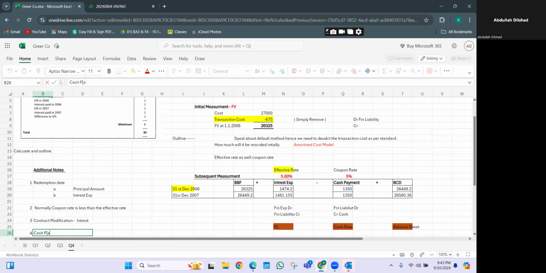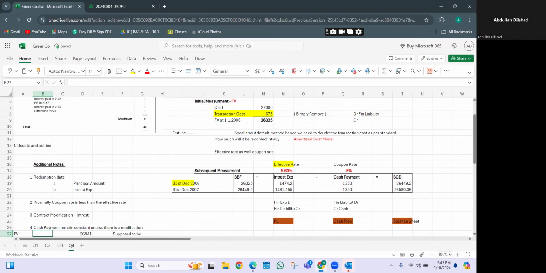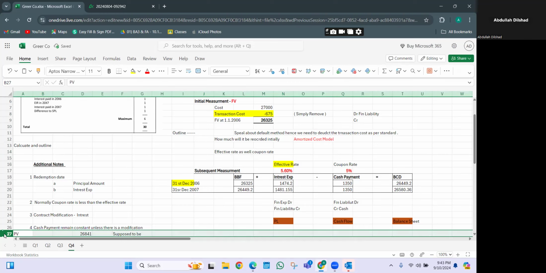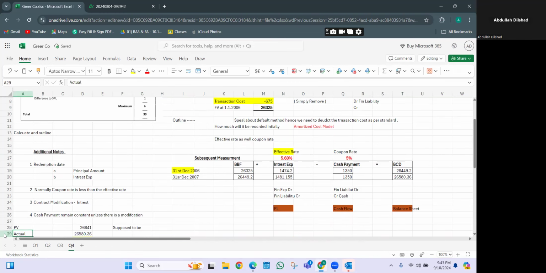Cash payments remain constant unless there is a modification, right? Unless there is a modification. Okay.